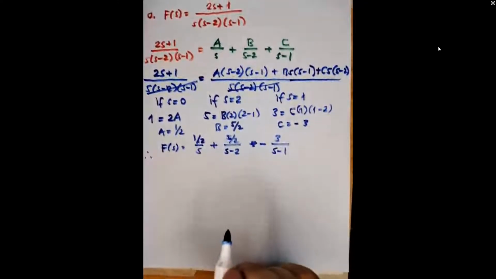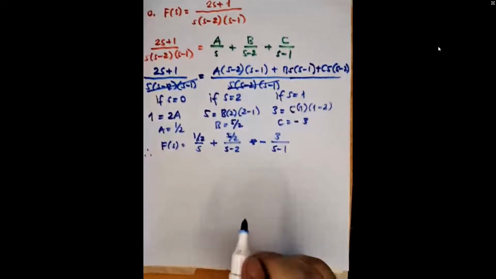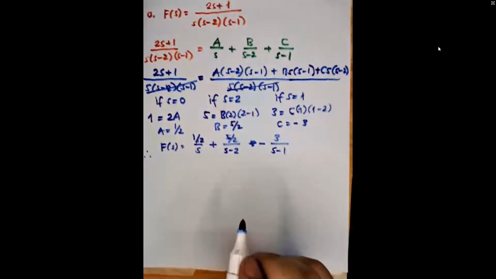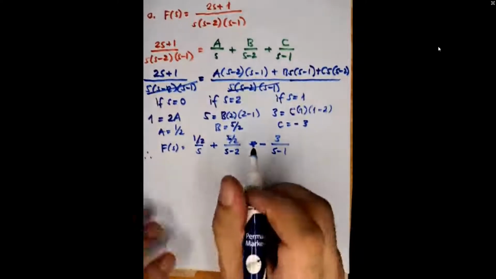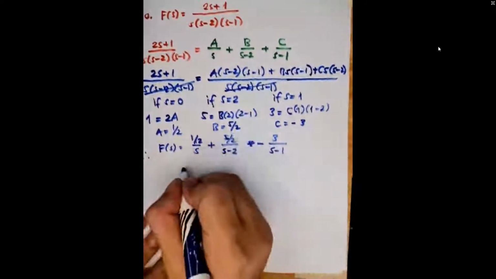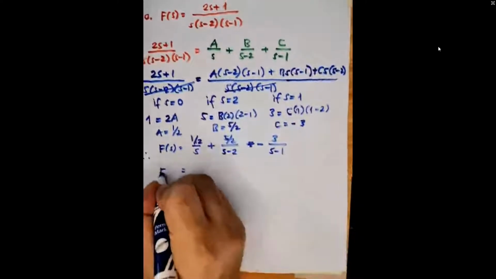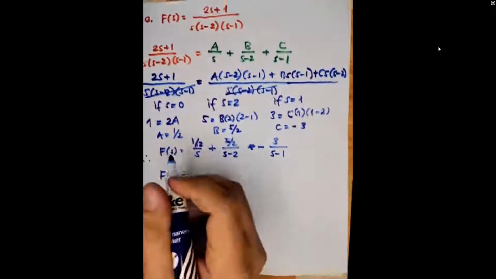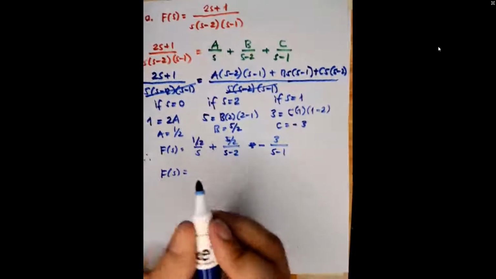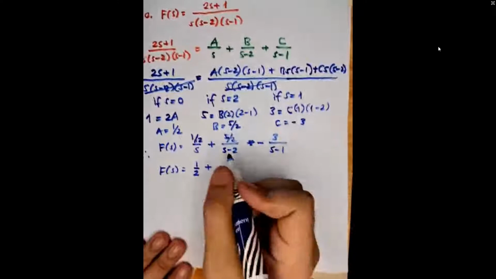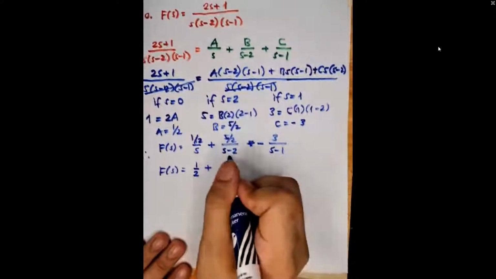So if we go back to the formula, there's no special transformation here. So what is this one? So f of t is equal to 1/2 plus, what about s minus a?